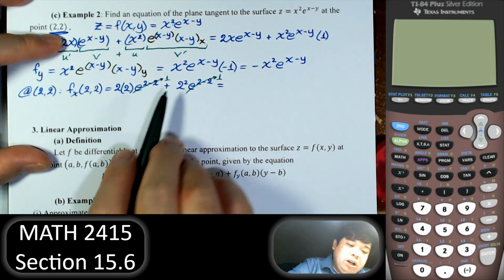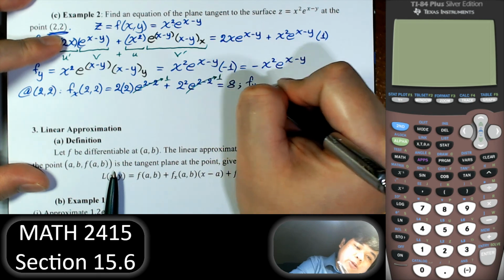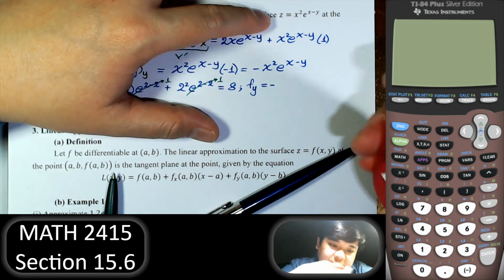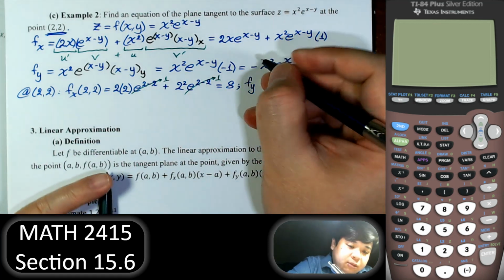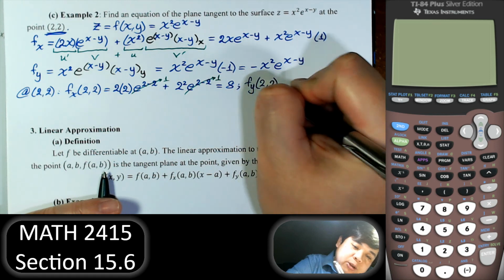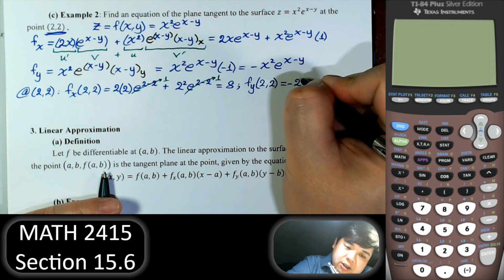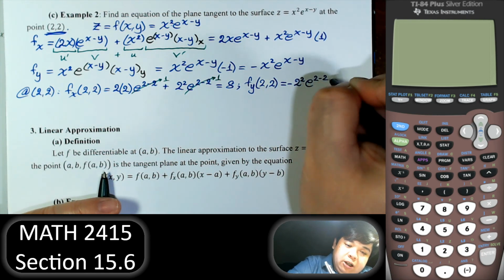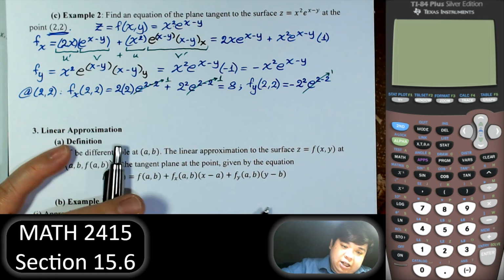And that is 4, and 4 gives us 8. Derivative with respect to y at 2 and 2: we put 2 in for x and 2 in for y. e to the 0 power is 1. And here we have negative 4.